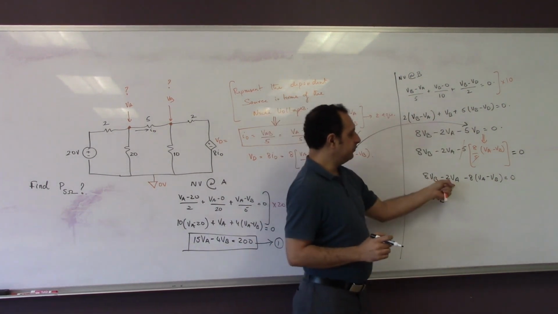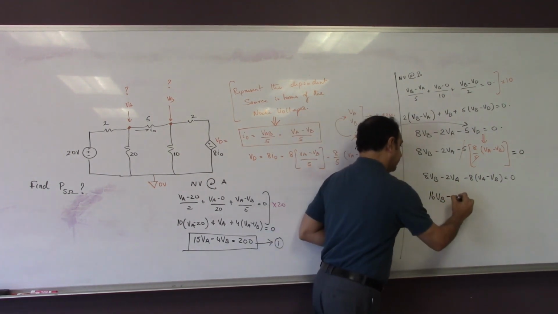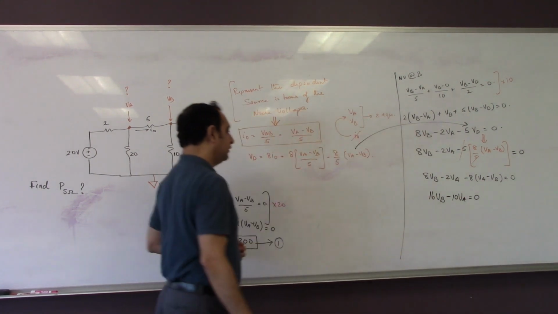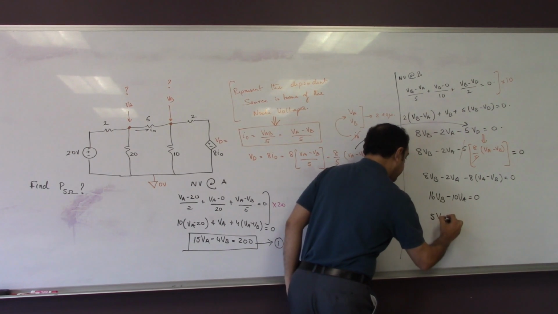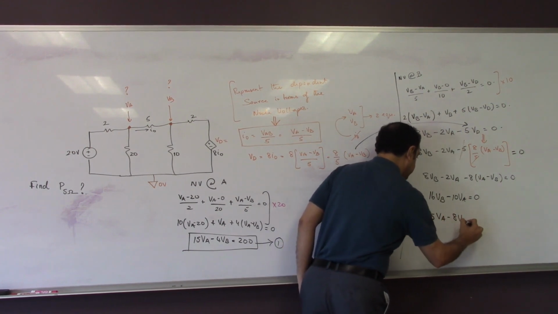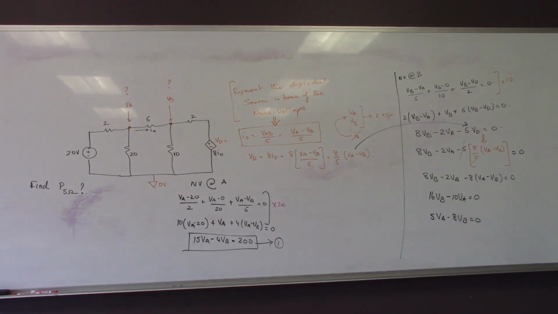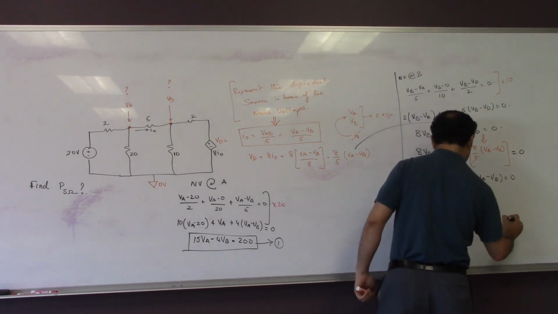Negative 2 VA and negative 8 VA, that will be negative 10 VA. You can take 2 common and rearrange the terms: 5 VA minus 8 VB is equal to 0. So if we solve equations 1 and 2, you'll get VA and VB.